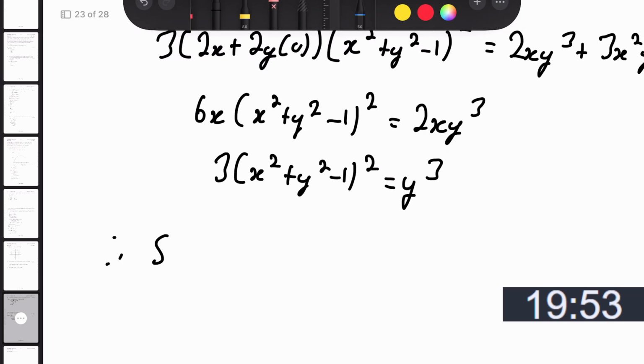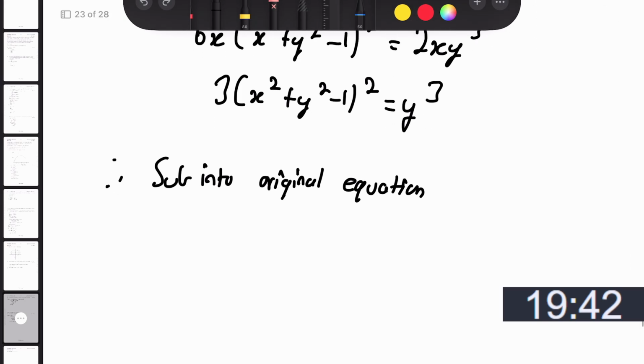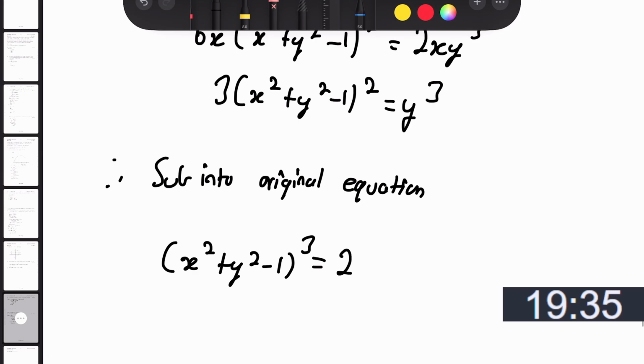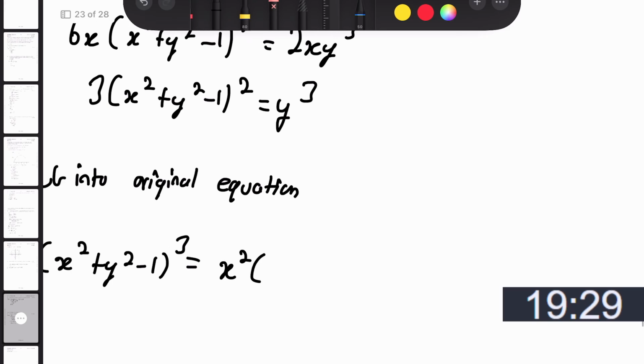Therefore, sub into the original equation. I don't need to isolate a specific y or x squared. I can just sub in just y to the power of 3. So I can say that (x squared plus y squared minus 1) to the power of 3 is x squared times 3 times (x squared plus y squared minus 1) squared.